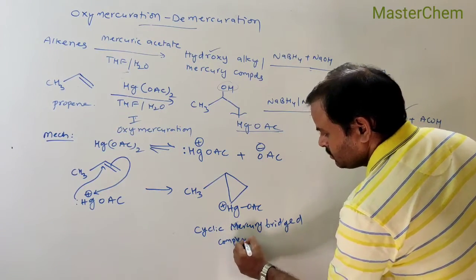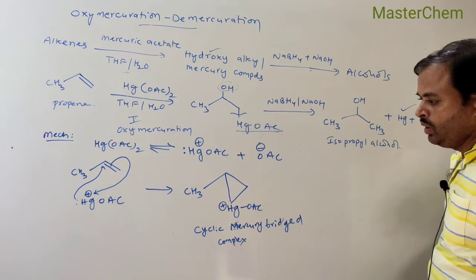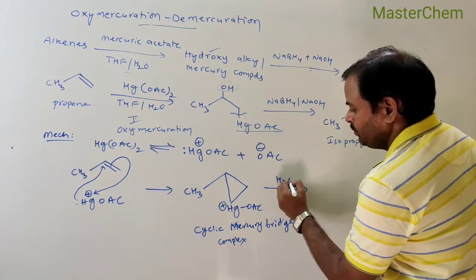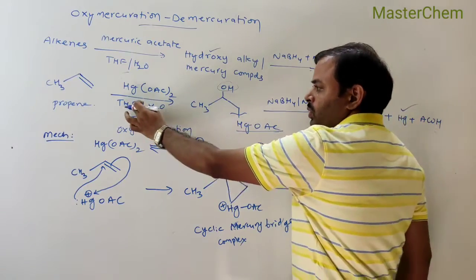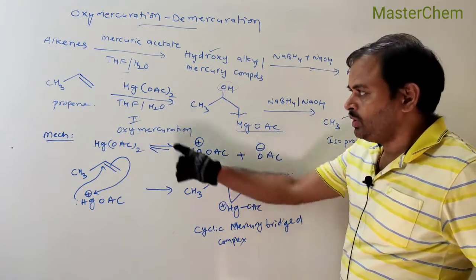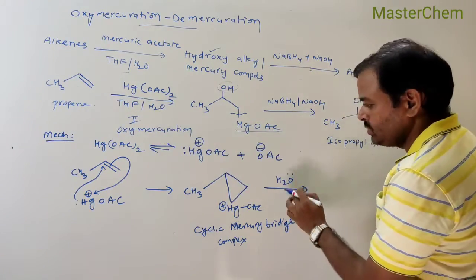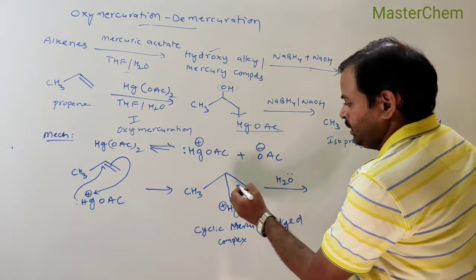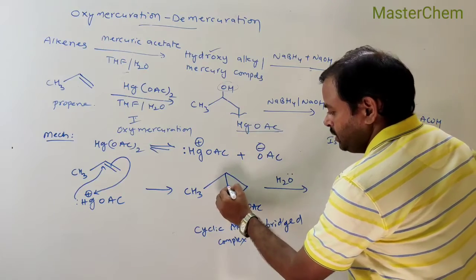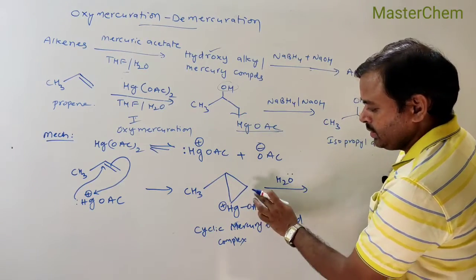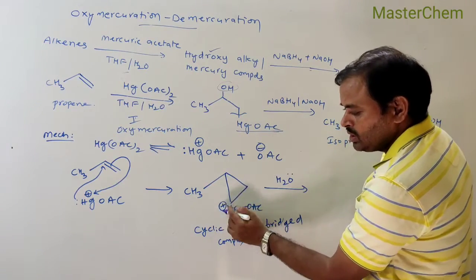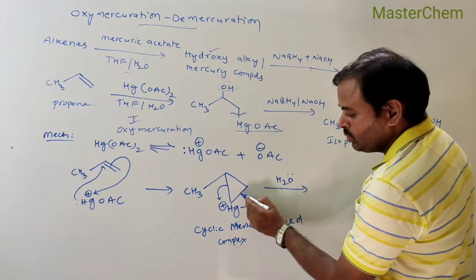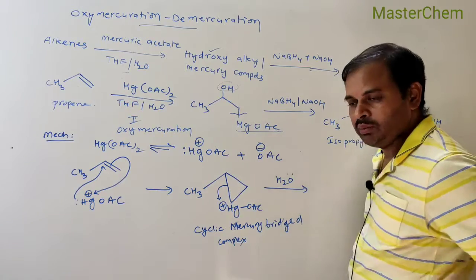Okay, so this is formed. Now this reacts with H2O. Along with THF, tetrahydrofuran, H2O is there, so the attack of H2O takes place. Here two ways are there to neutralize this positive charge: delocalization of this bond towards this side, or delocalization of this bond towards mercury.